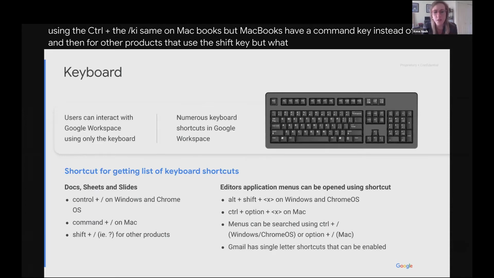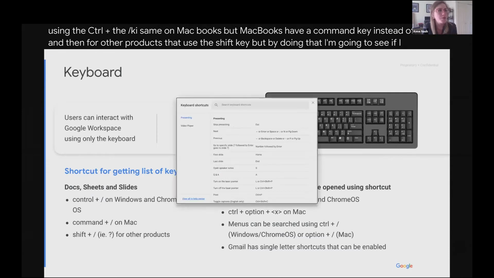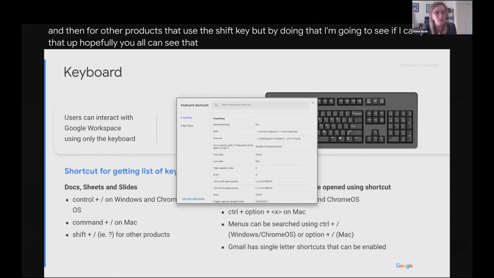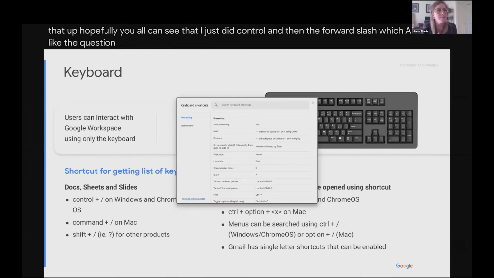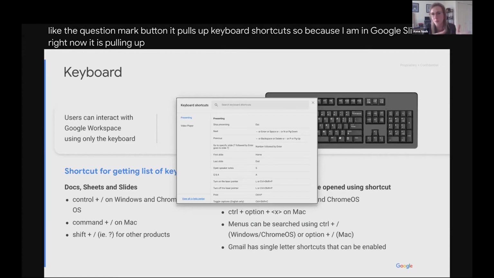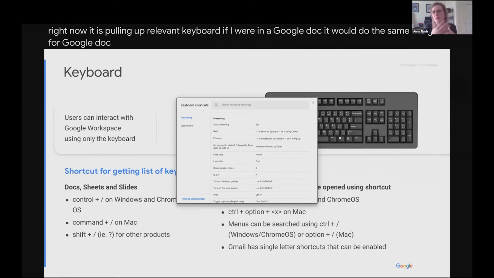I'm going to see if I can pull that up. Hopefully you all can see that. I just did control and then the slash, which is also the question mark button. It pulls up keyboard shortcuts. Because I am in Google Slides right now, it is pulling up relevant keyboard shortcuts for a Google Slides presentation. If I were in a Google Doc, it would do the same thing for Google Docs, Sheets, etc. So I'm going to close that now.